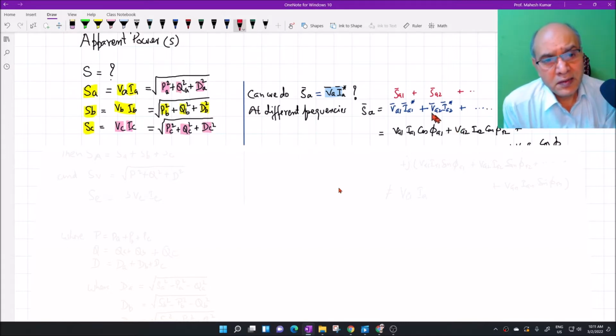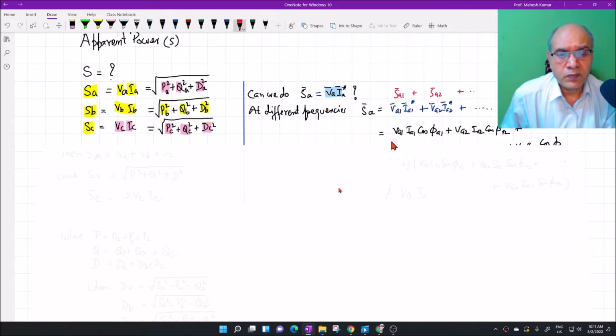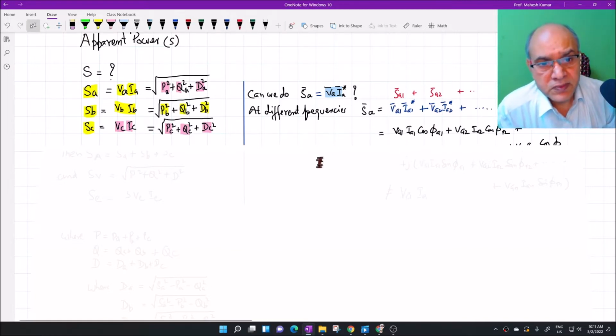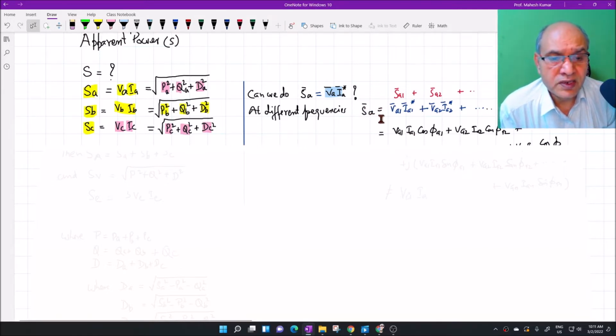Okay, and then we can add in different manner. For example, we can use arithmetic sum. We can take mod of each and take the overall mod, or we can first sum on the vector basis or phasor basis and then we take mod. So there are different possibilities, but definitely this SA bar, which we have found by summing the individual frequency complex powers for phase A, will not be equal to VA into IA.